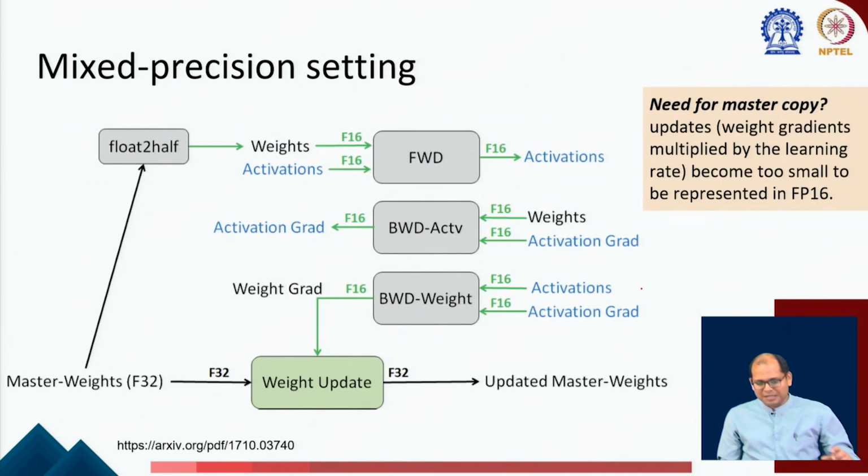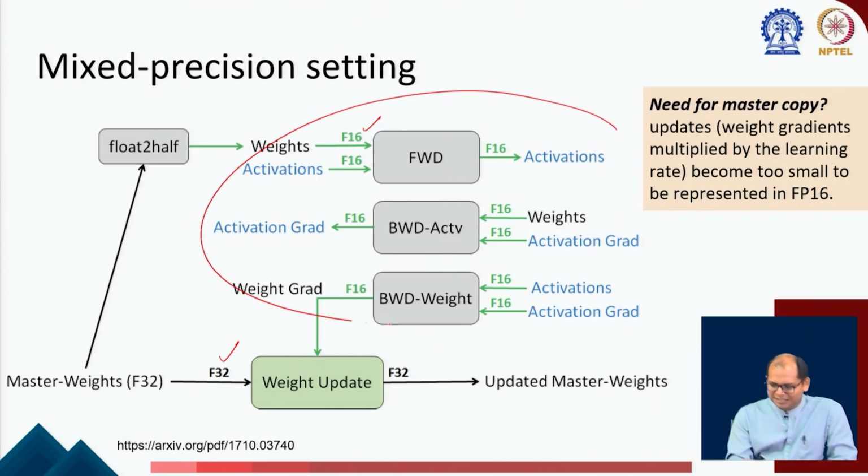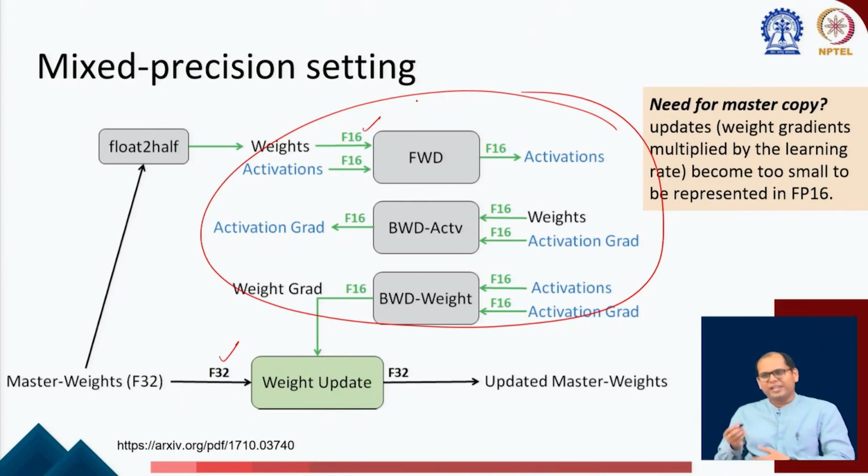Like I talked about the mixed precision setting. What happens there? We are working with FP16 and FP32, 2 bytes and 4 bytes. Typically all your computations you do with FP16, right? But when you finally want to update your weights, you update in your master copy of FP32.